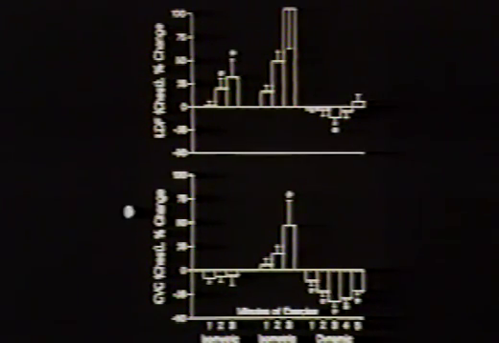Without going greatly into the physiology, this is just to show that we could make measurements of skin blood flow responses, either laser Doppler flow or flow divided by pressure, that is a conductance, this is cutaneous vascular conductance, during isometric exercise and during dynamic exercise.